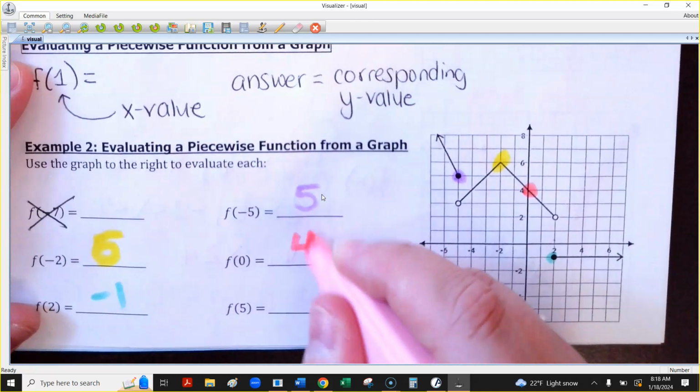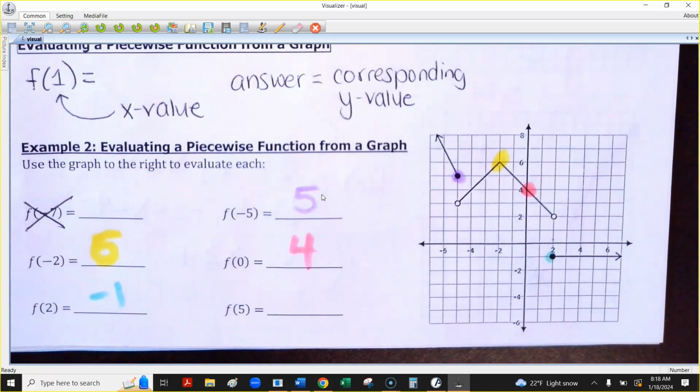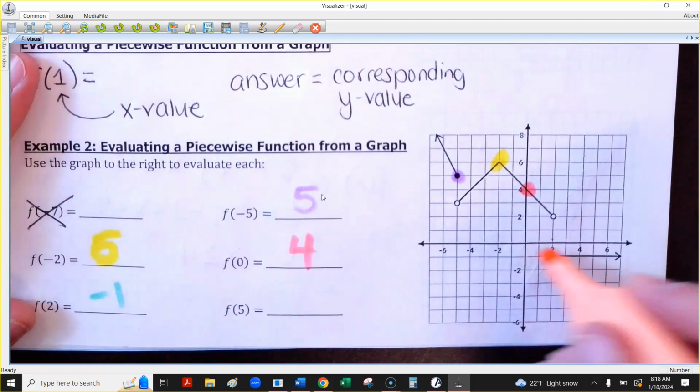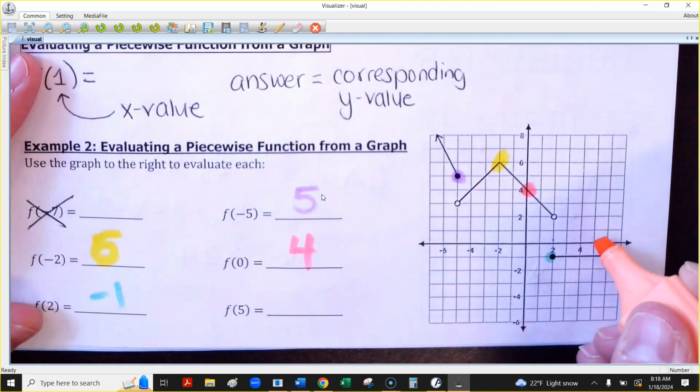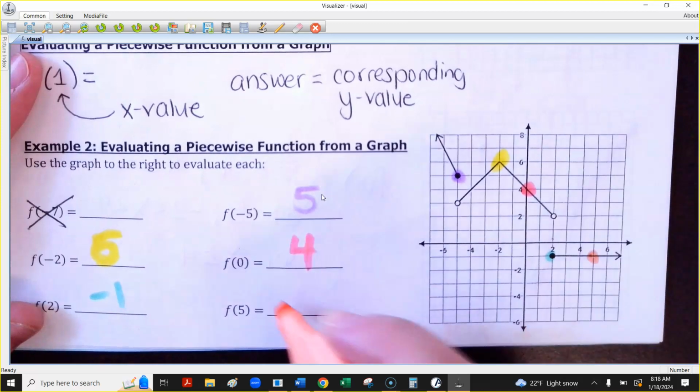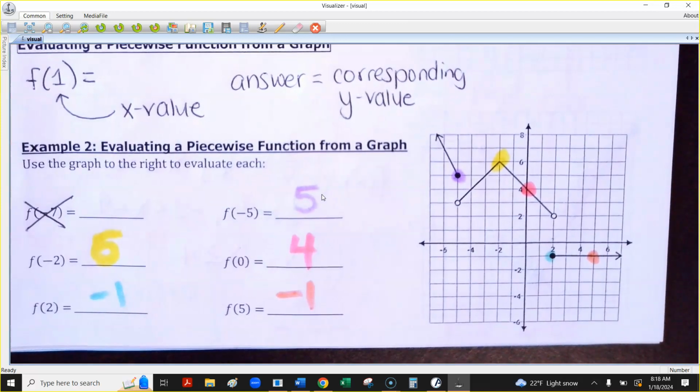So 4 would be my answer for that one. And then I think I got one more, 5. If I go over to 5, I would go down here to meet the graph, and it's just at -1. So they're giving you the x value, you're going to go to the graph and tell the corresponding y value. Does anybody have a question? Okay, I'm going to shut up.